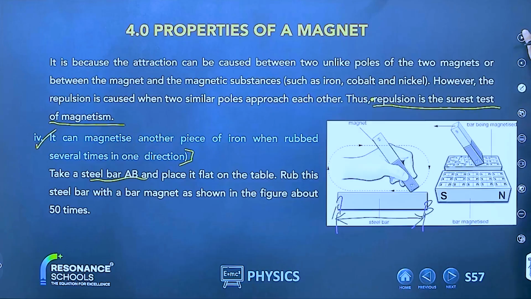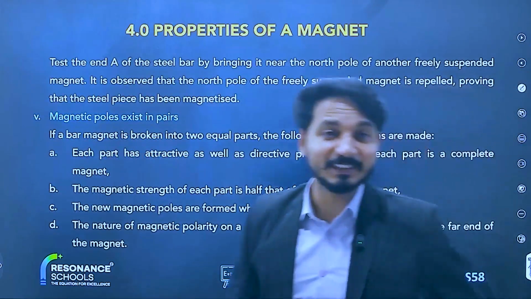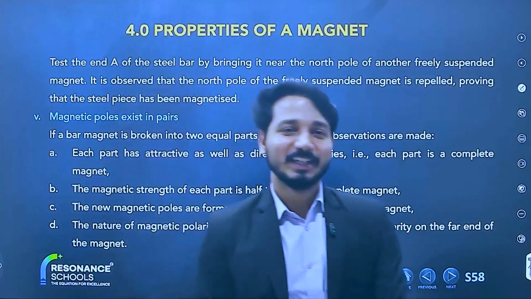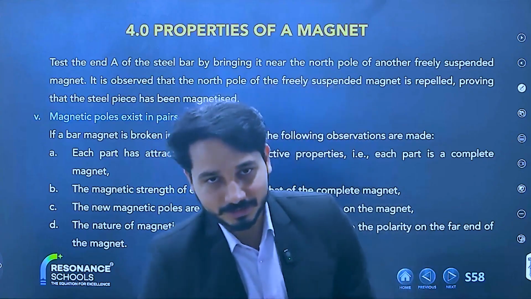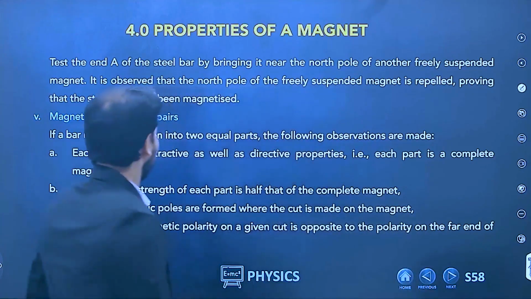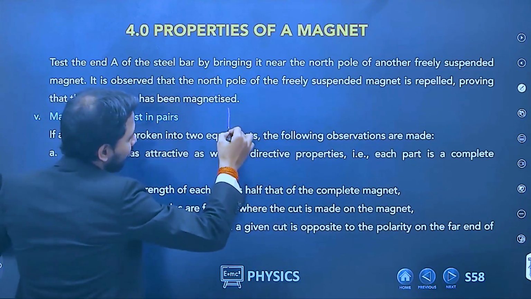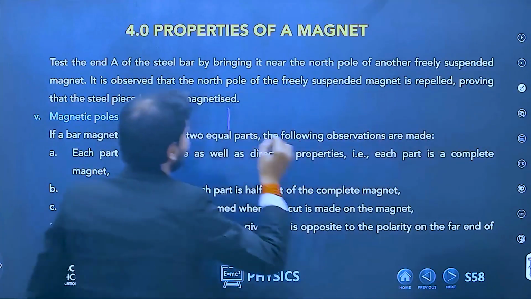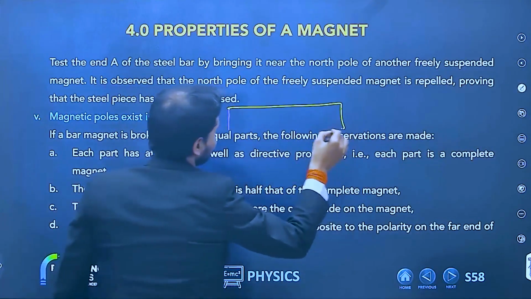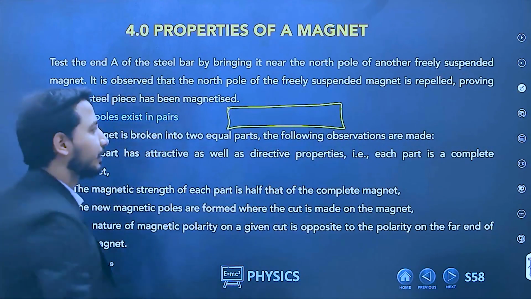Next property, fast. Magnetic poles exist in pairs. First understand the meaning of this and then you can write this line. Magnetic poles exist in pairs means, suppose you are taking a bar magnet.